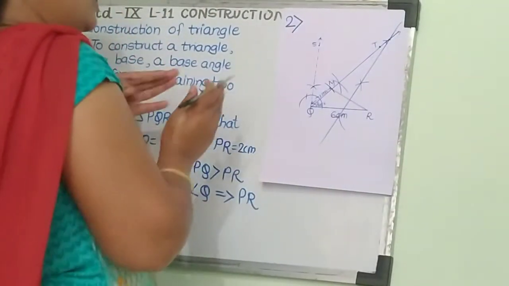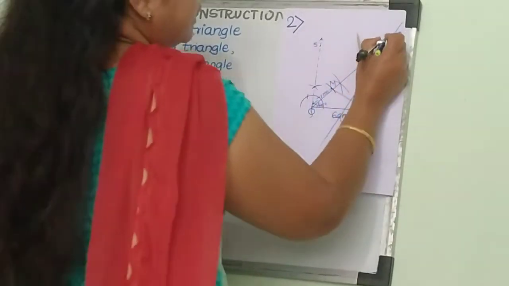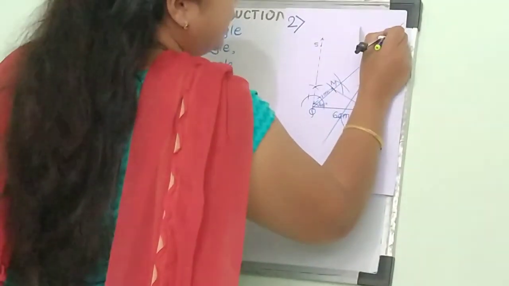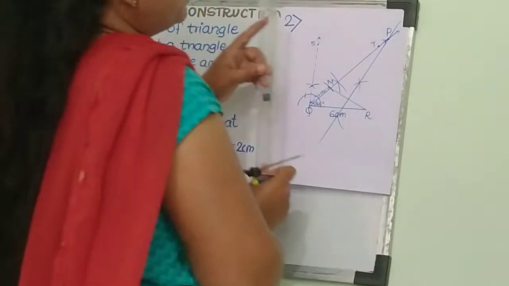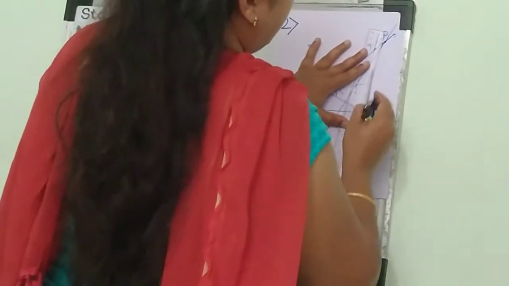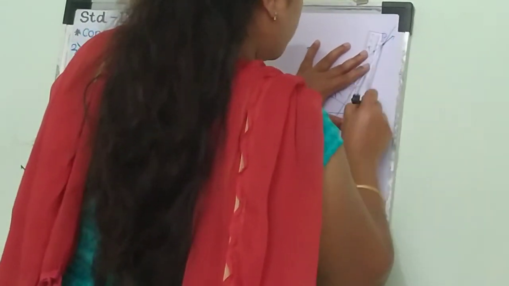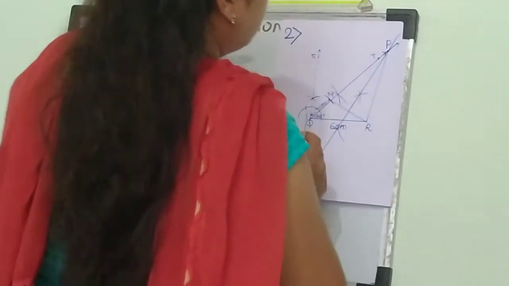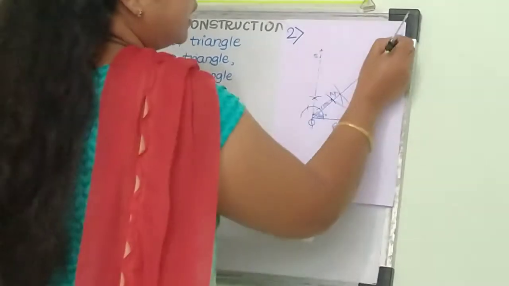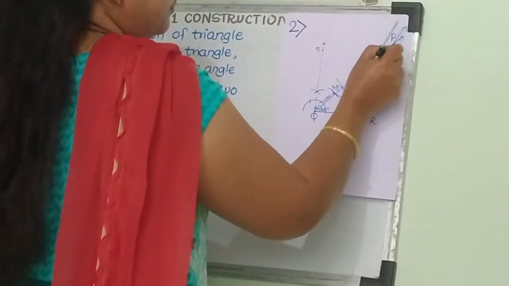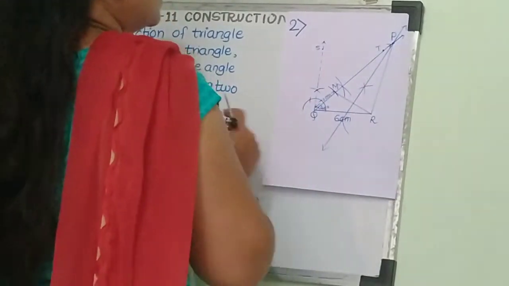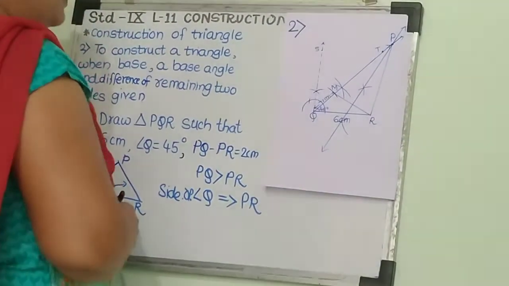We have to extend, and here we get the point P, that is the remaining point of our triangle, and then we have to join PR. So here we get triangle PQR is our required triangle.